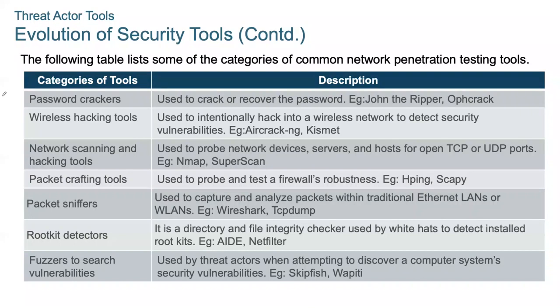So first and foremost, the attackers or threat actors try to gain passwords, because the username is public but the password is private. That's why they use these password crackers.